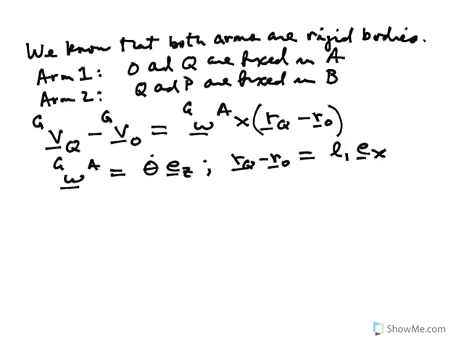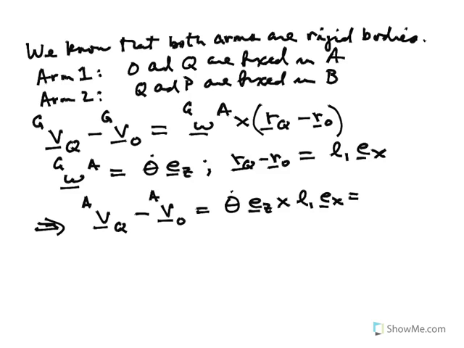So as a result of that, we get that the velocity of point Q in G minus the velocity of point O in G is equal to theta dot Ez crossed with L1 Ex, which is equal to L1 theta dot times Ey.